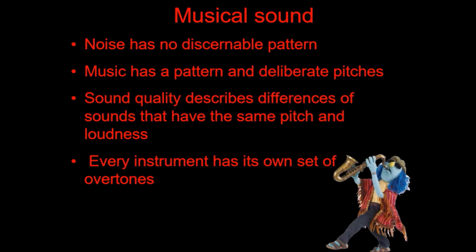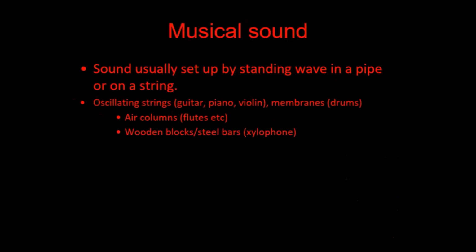Every instrument, and indeed every particular voice, has its own set of particular overtones. When we talk about musical sound, it's usually something set up by a standing wave, either in a pipe or on a string. There are, of course, electronic devices such as synthesizers that really do not use this kind of principle and generate electronic sounds.